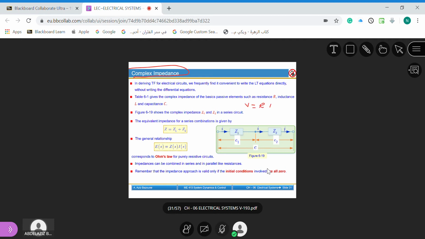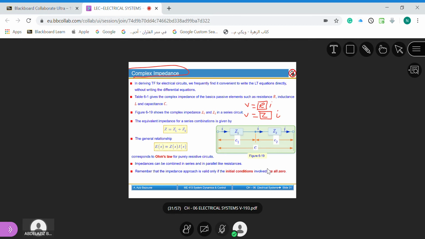In the impedance method, V is equal to Z times I, where Z is the Laplace transform of your elements. If you take Laplace transform of both sides, V of S will be Z times I of S, as simple as that, because this one will be a constant.